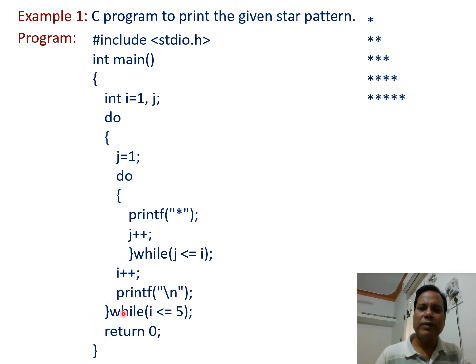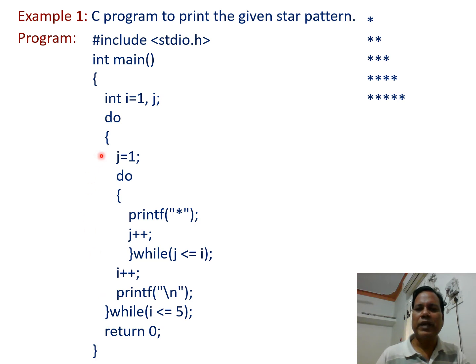Then condition for the outer do while loop is tested. So 2 is less than or equal to 5. Naturally this condition is true. When condition is true, body of the outer do while loop is going to be executed again.